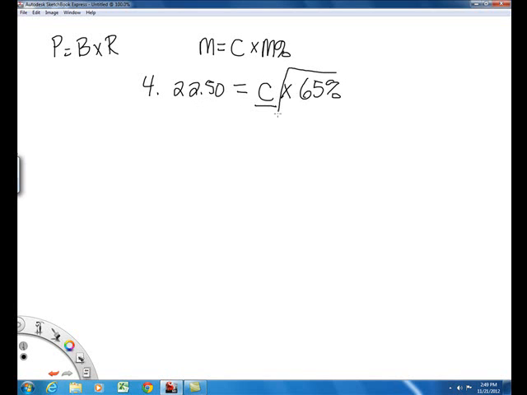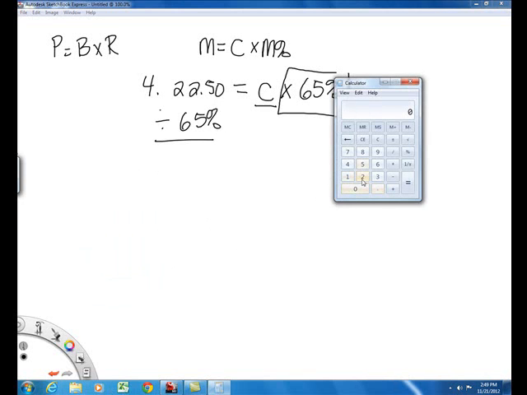Right now, 65% is currently being multiplied, so to bring it across the equal sign, I will divide. So I will take $22.50 divided by 65%.